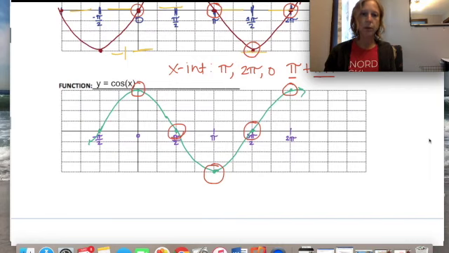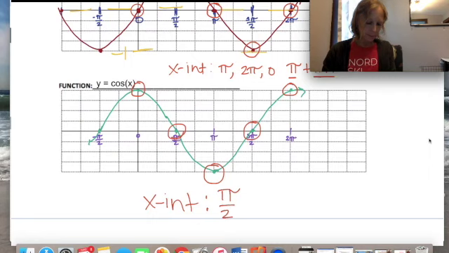The distance between every x-intercept and minimum is pi over 2. This pattern holds. So if I look at x-intercepts for the cosine graph, my first x-intercept is at pi over 2. My second one is at 3 pi over 2. What is this distance? It's a distance of pi. So we can say the same thing, that the x-intercepts are every pi over 2, but they're spaced out every pi.